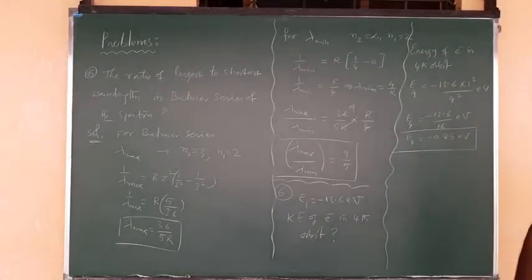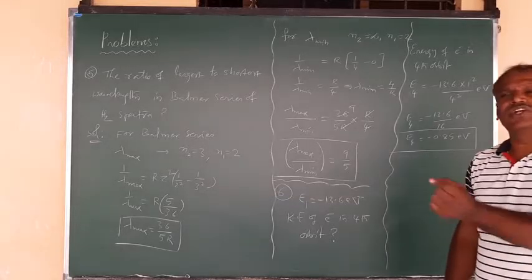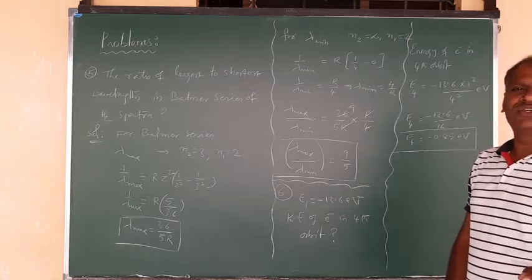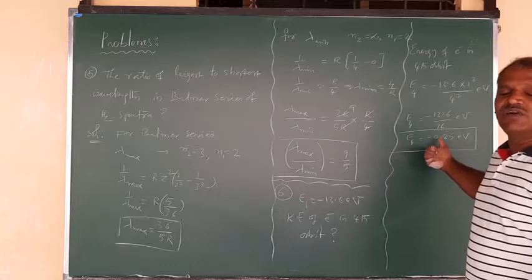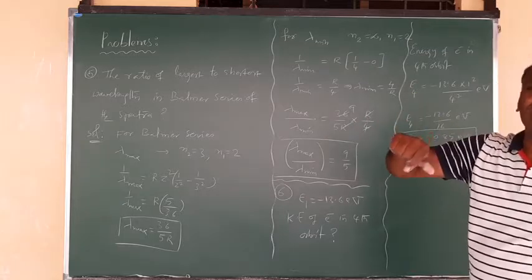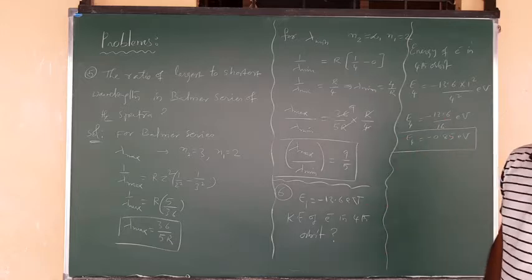But the question is asking not the total energy, but the kinetic energy. What is the ratio of these energies in any orbit? That we already know: the potential energy, kinetic energy and total energy are in the ratio of minus 2 is to 1 is to minus 1. So the magnitude of the total energy of the electron in any orbit is equal to the kinetic energy itself.